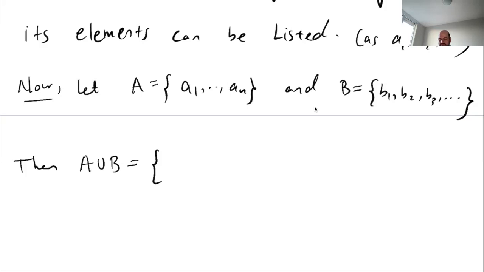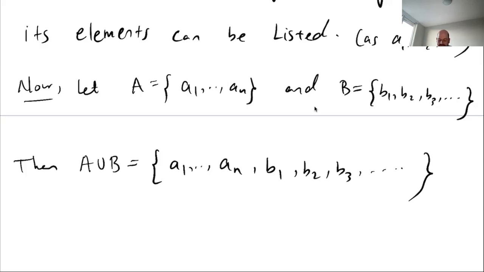So of course, one easy way to list A union B is I can list first element as A1, second element A2, nth element AN. Then I can list B1, B2, B3, and so on. So this is A union B, and we listed all the elements. First element A1, second element A2, nth element AN, n plus first element B1, n plus second element B2, n plus third element B3, and so on.